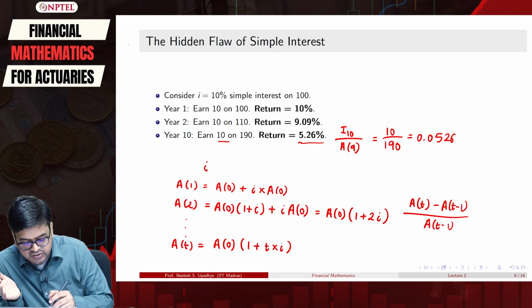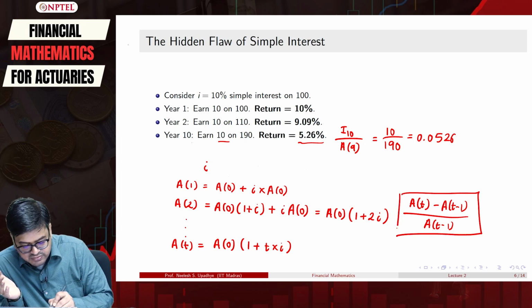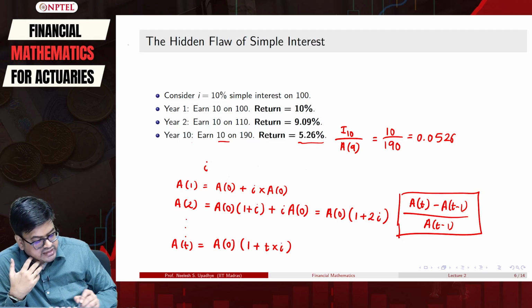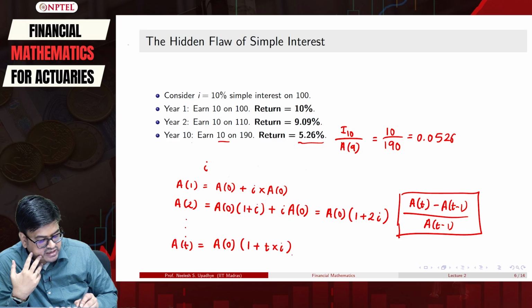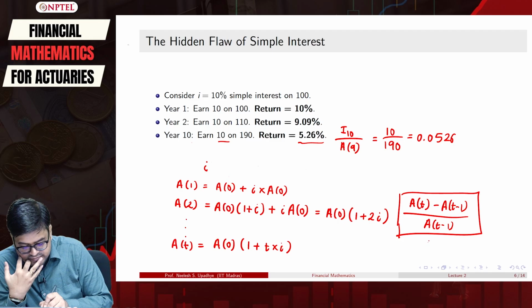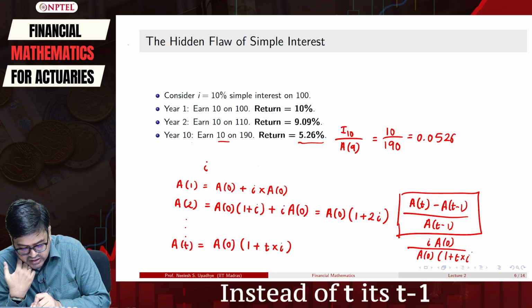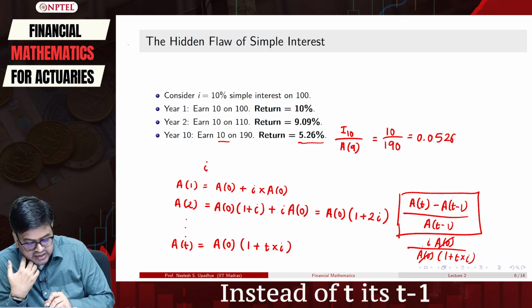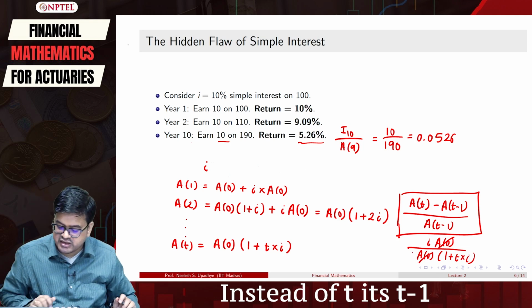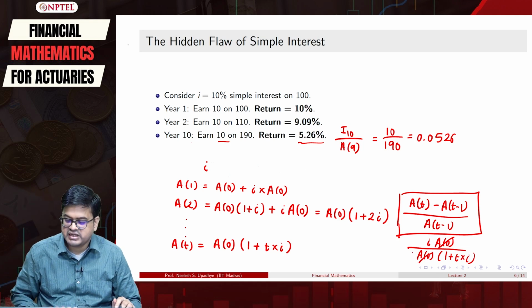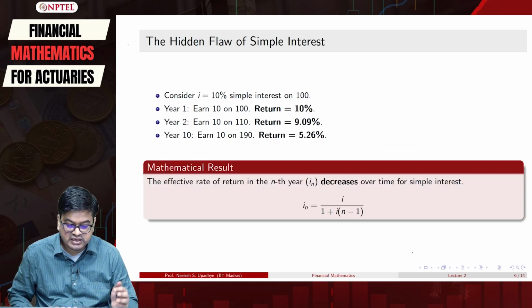So this is the annual calculation that I have to go through, and if I go through this annual calculation, what I get, because AT is A0 times 1 plus T times I, and AT minus 1 is A0 times 1 plus T minus 1 times I. So I will get I times A0 upon A0 times 1 plus T times I. So this A0 gets cancelled, and I get that the effective interest rate that I am earning is around I by 1 plus T into I. Okay. So that's the mathematical result.